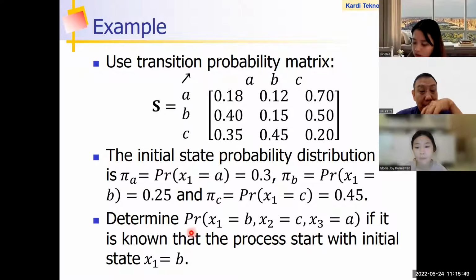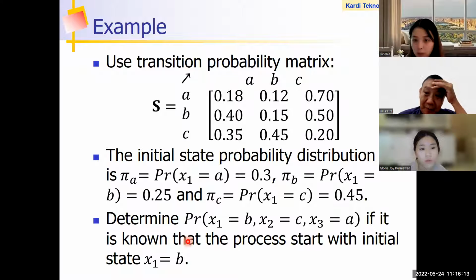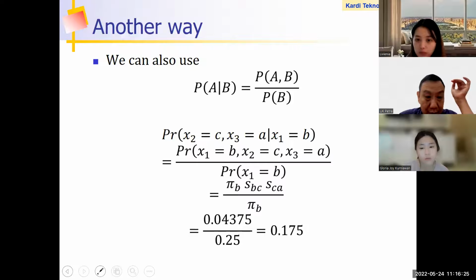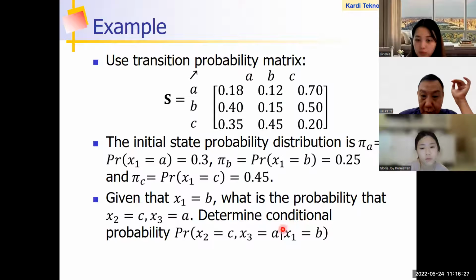What's the difference with earlier, with the previous two? Look at the notation. Earlier I was using a given like this, right?